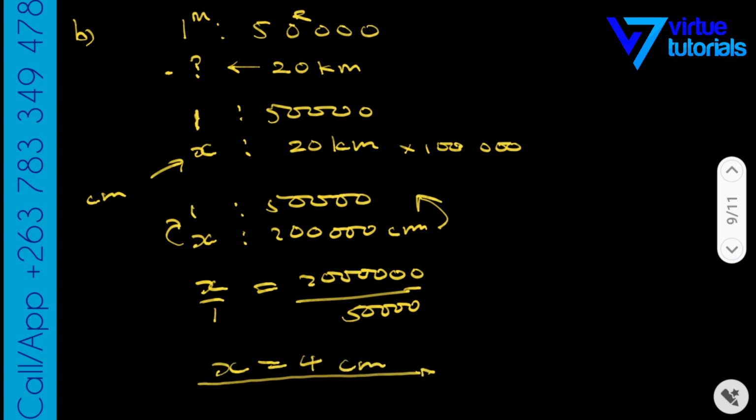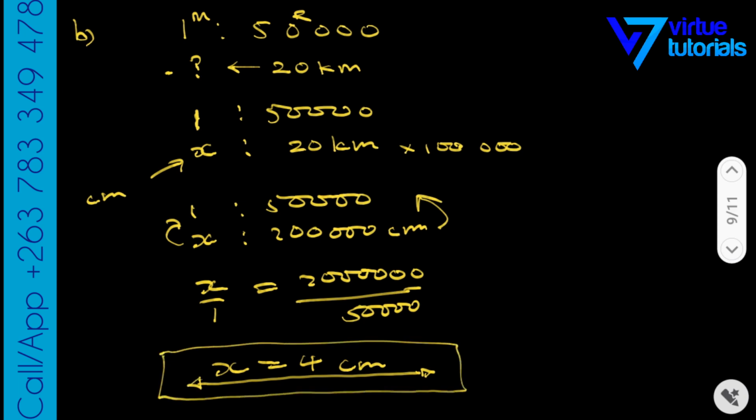So that's the distance on the map. Wait, it's not 4, it's 40. Sorry, it's not 4, it's 40. 50,000 goes 40 times into 2 million. So it's actually 40 centimeters that represents that length there.